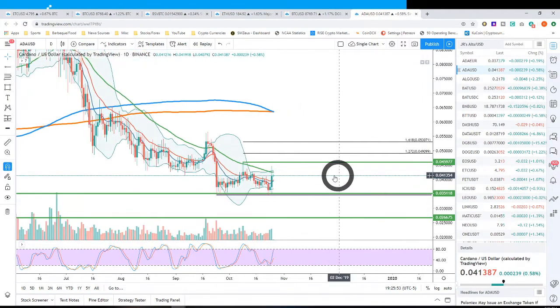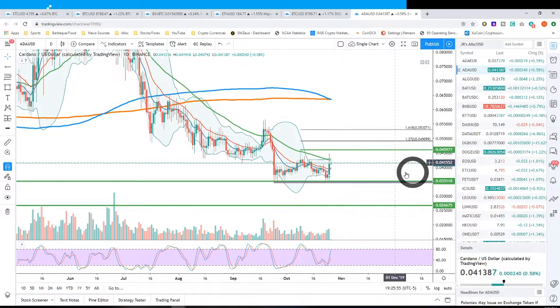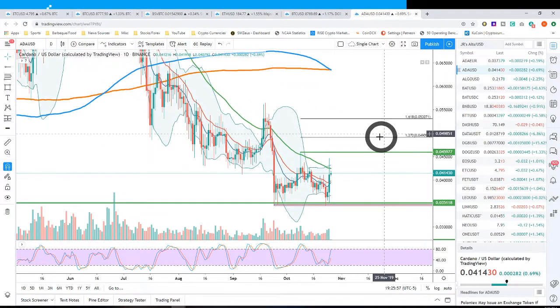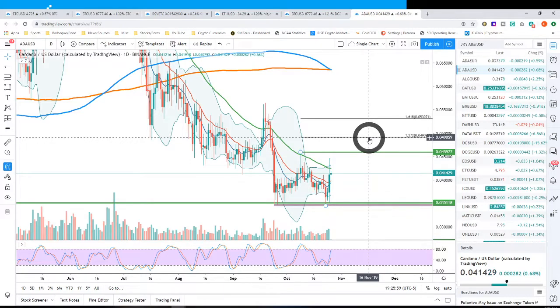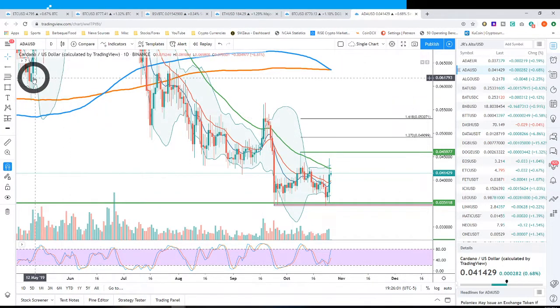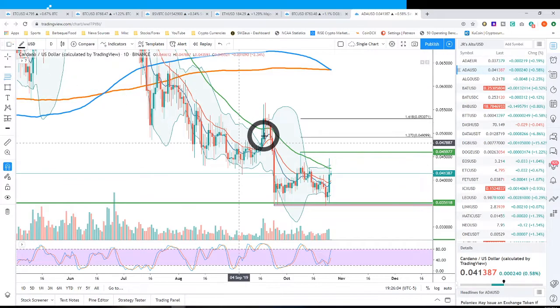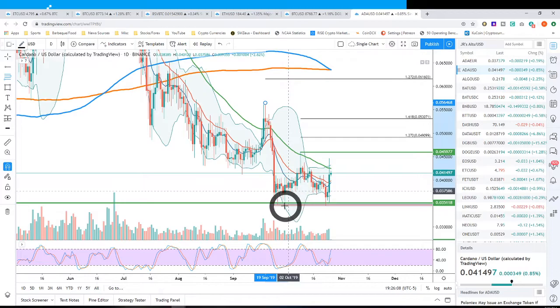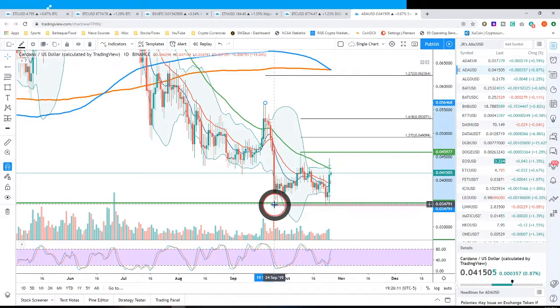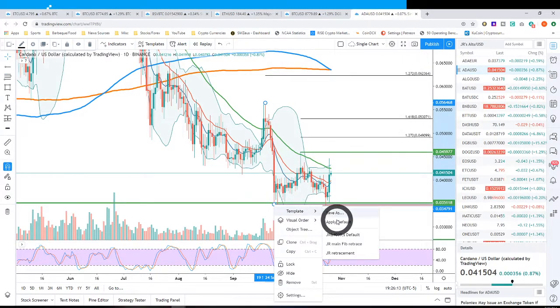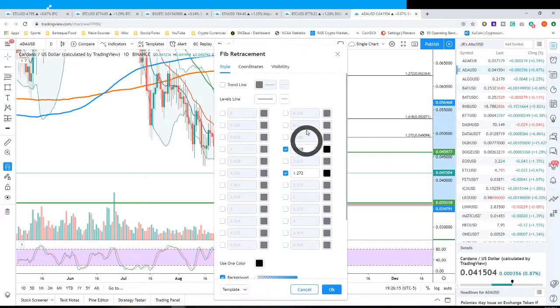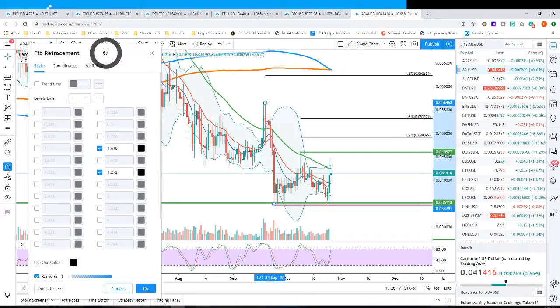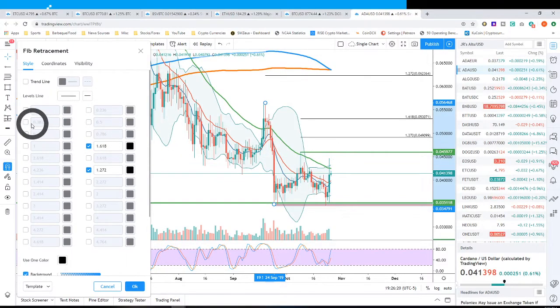I should probably do some more fibs on this. I don't think I did any more. Let me do this one. Let's do another fib retracement, see if there's maybe a cluster somewhere. I did one fib on that. Let me do the 50.